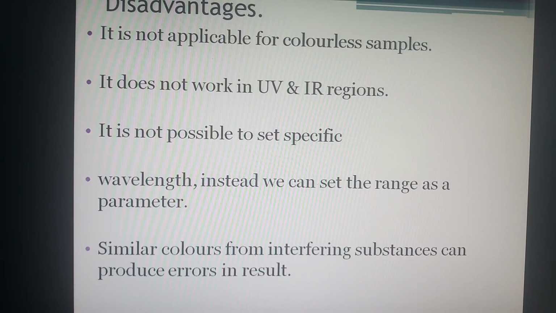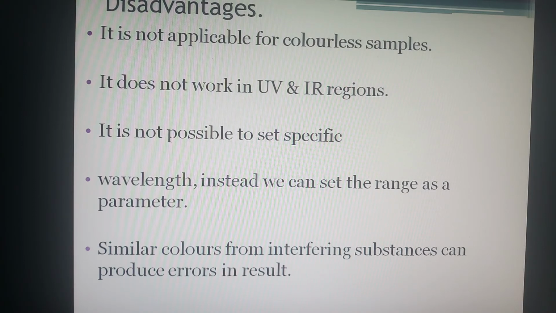Now the disadvantages and limitations of colorimetry. It is not applicable for colorless solutions. As I told you in the beginning, it is applicable only for colored solutions. It does not work in the UV or IR region.